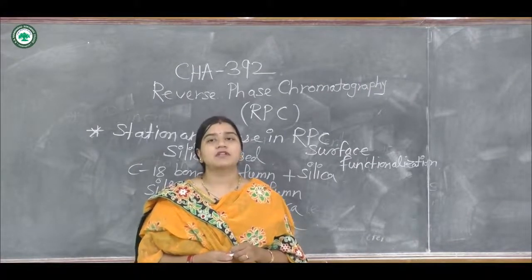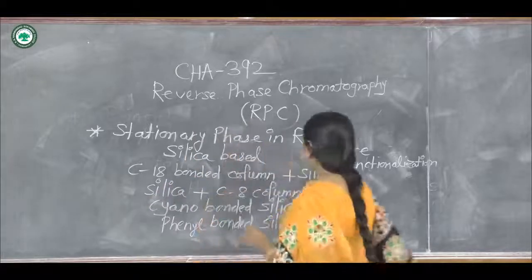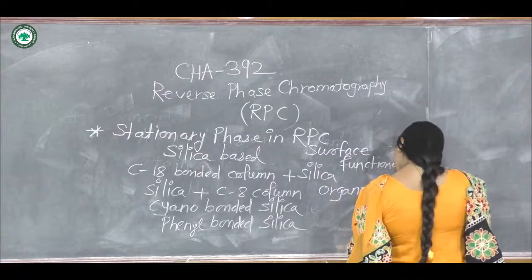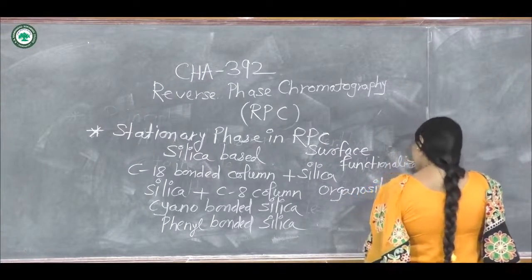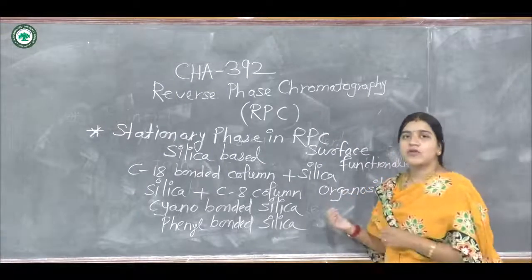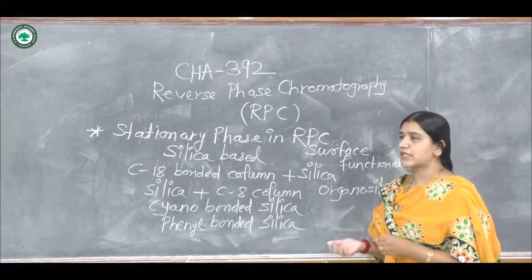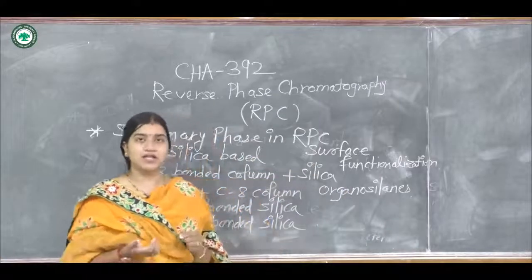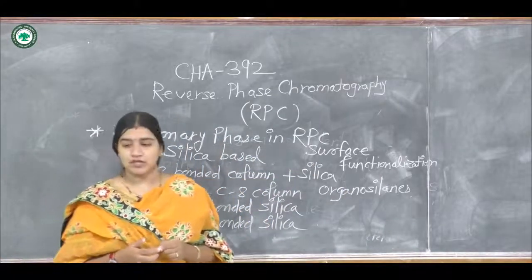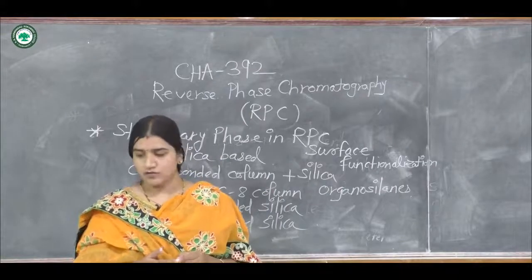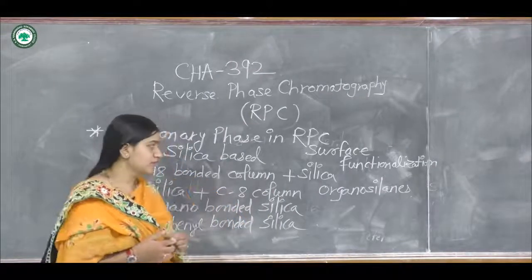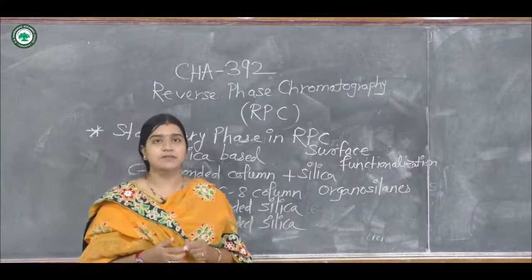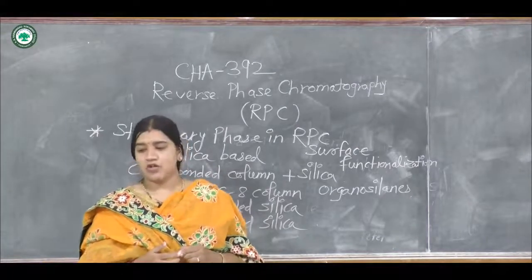These organosilanes attach to the different silanol groups. So a monomeric or polymeric reaction is usually used for the surface functionalization of silica, and these organosilanes will cover the silanol group, which is the active site present in the silica of your stationary phase.